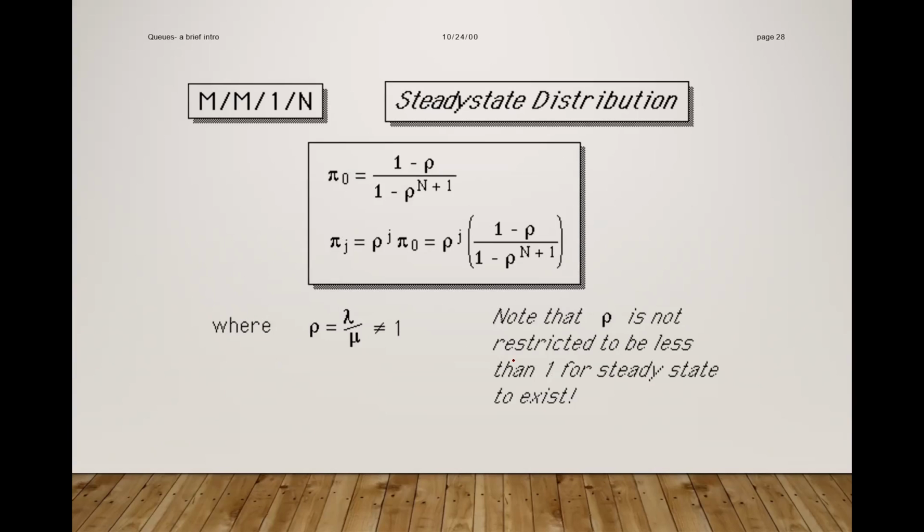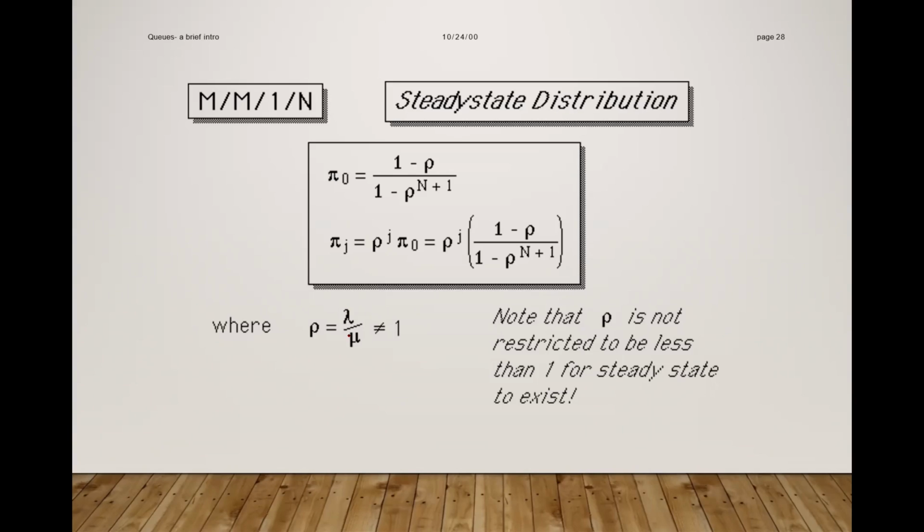So ano bang steady state system? Since meron tayong limit sa system, di tayo pwede makasabi na pi 0 to pi sub infinity, wala na yun. We just limit it to N. Okay? Yeah? So same pa rin, the utilization, meron siyang steady state if this is less than 1.